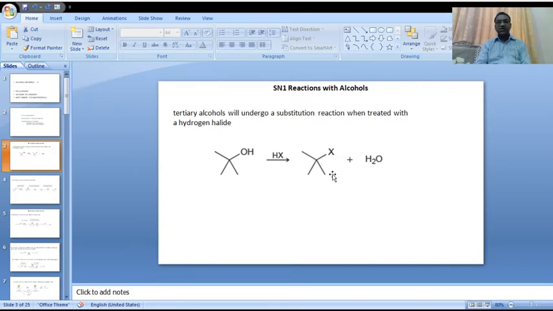This is about tertiary alcohols. Tertiary alcohol generally undergoes substitution reaction with the halogen. Is it clear? This is an SN1 reaction with alcohols. We'll discuss it in the reaction mechanism part.